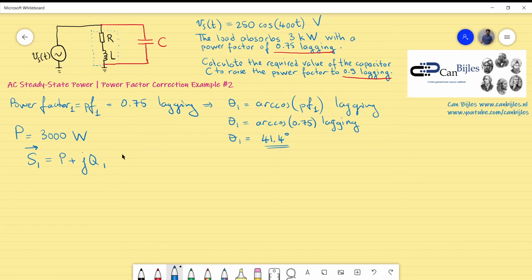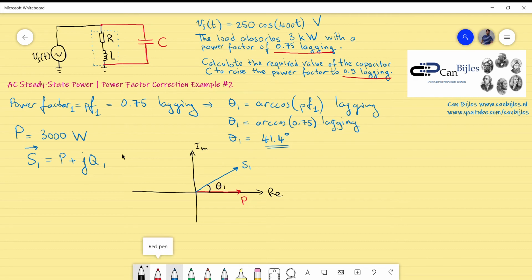So how does this look in the complex plane? If you sketch this in the complex plane for the real and the imaginary part, you have the 3000 watts on the positive real axis, this will be P. And you will have the apparent power, that is S1, here, and there is also a phase, which is this one, theta 1.